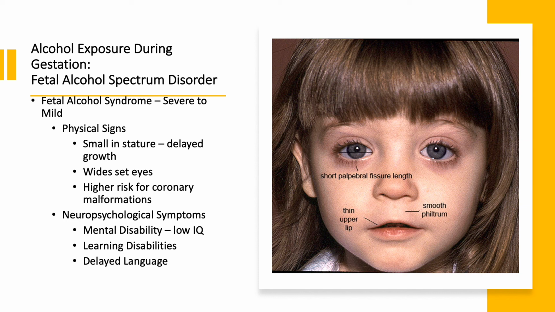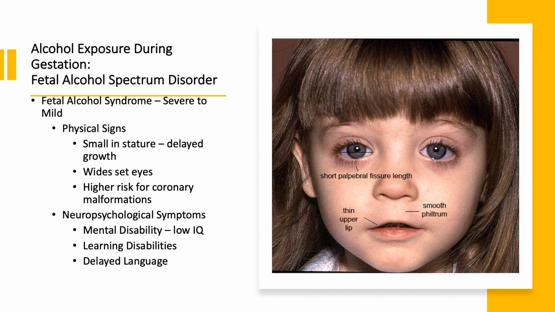So acetaldehyde builds up in the baby's bloodstream because the alcohol dehydrogenase is secreted from mom's liver. And when the acetaldehyde builds up in the baby's bloodstream, that is tissue toxic to the baby. The acetaldehyde in mom's bloodstream gets metabolized away by the liver.